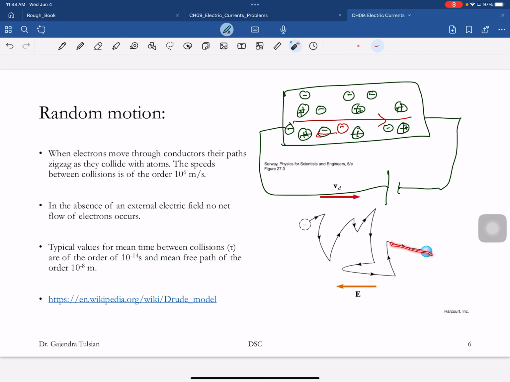And the mean free path, the distance between collisions, is about 10 to the minus 8 meters. You remember the size of an atom is 10 to the negative 10 meters; the nucleus is 10 to the negative 15. So they go about 100 atoms before they collide with an atom.